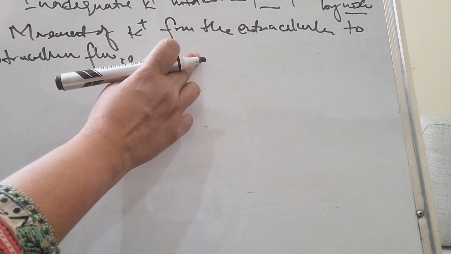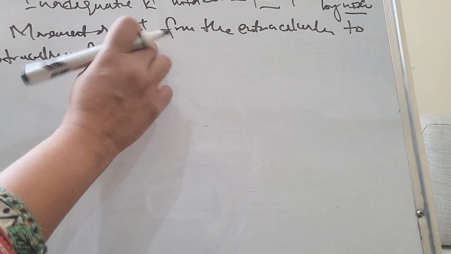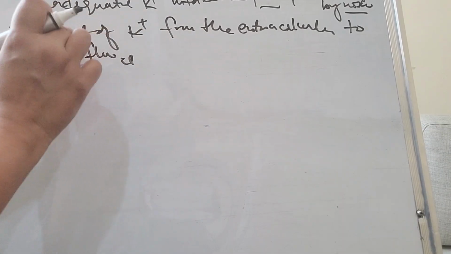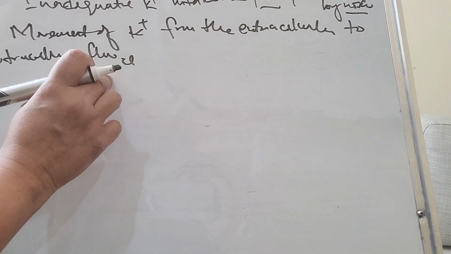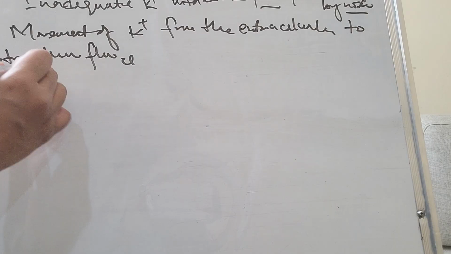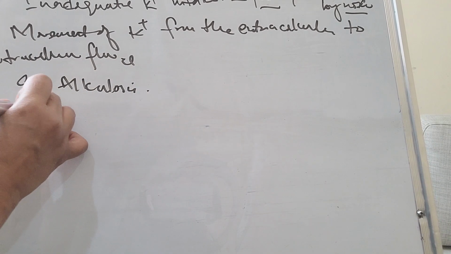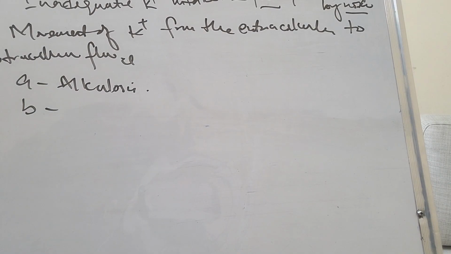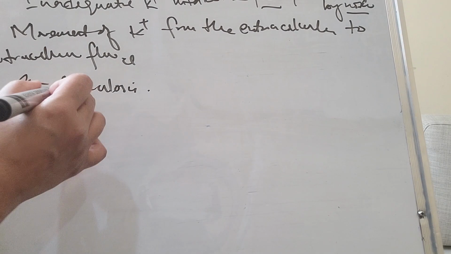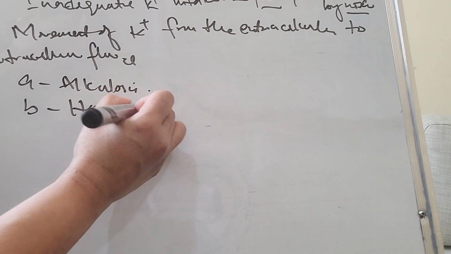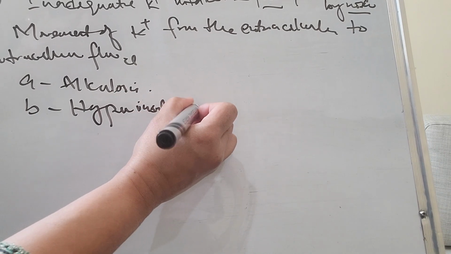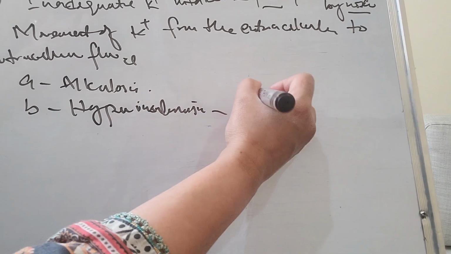In which conditions does potassium move from extracellular to intracellular fluid? Number 1 is alkalosis. Number 2 is hyperinsulinism. What is hyperinsulinism? It is a genetic disorder.